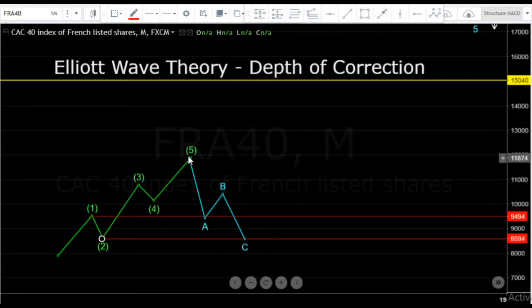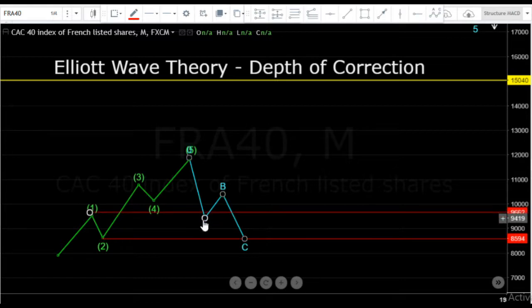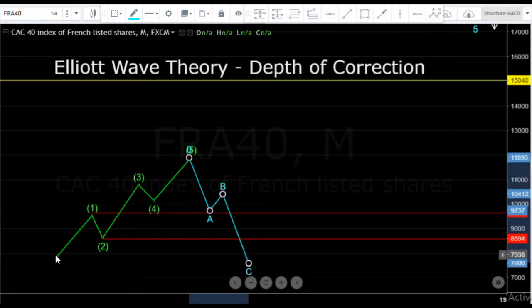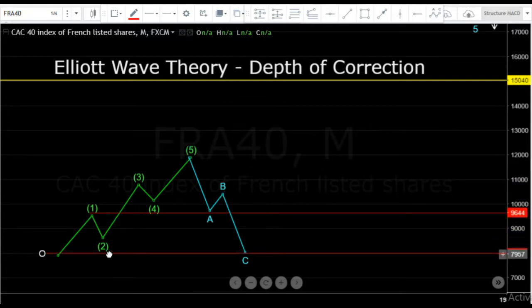So in wave 1, we often get a deeper correction that will come right down into this area here and can often go right down and give us what we know as a double bottom. In other words, it comes right down to here. Because remember, these waves are of 1 degree less than our big impulse going up.